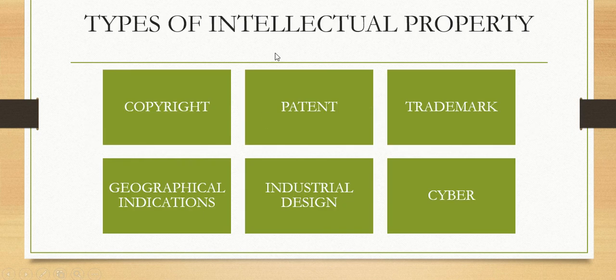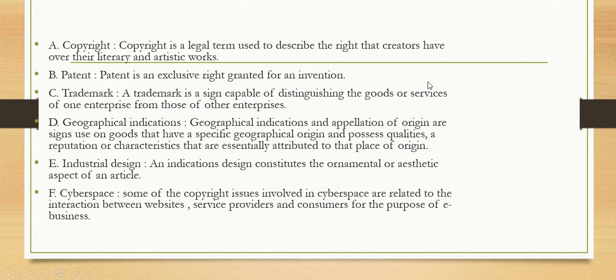So what are the types of intellectual property? The types of intellectual property are as follows: copyright, patent, trademark, geographical indications, industrial design and cyberspace. Copyright is a term used to describe the right that creators have over their literary and artistic works.